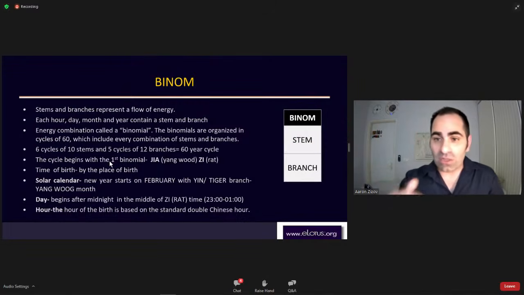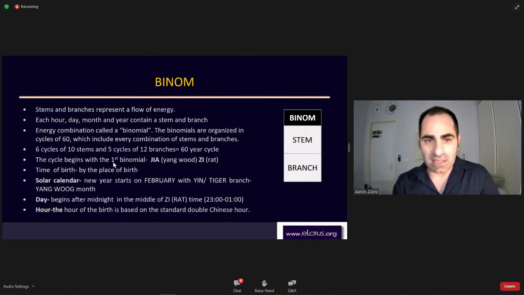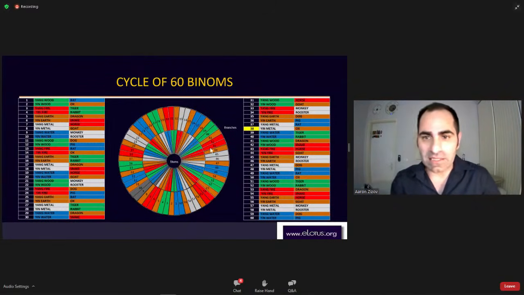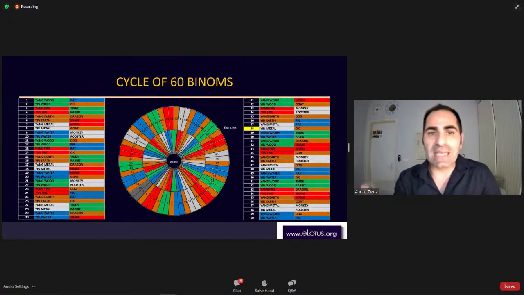Okay, so anyway, there are things that we can understand from this. The Binorm, according to the stem and branch, is like an equation. We have 60 Binorms that we can see on this cycle of Binorms. So we have many Binorms.